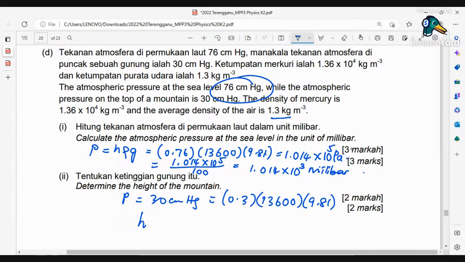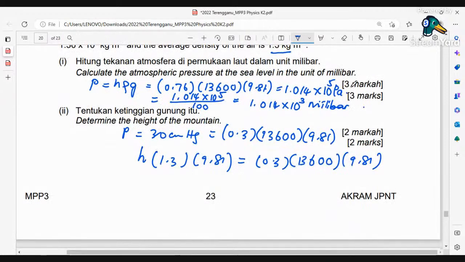So h times 1.3 times 9.81 equals 0.3 times 13600 times 9.81. Okay, so we get h equals 3138 meter.